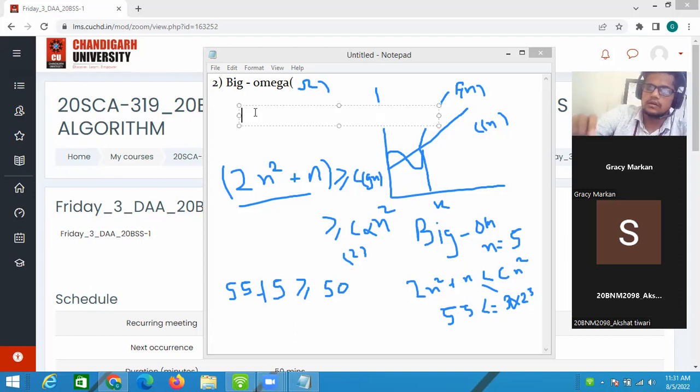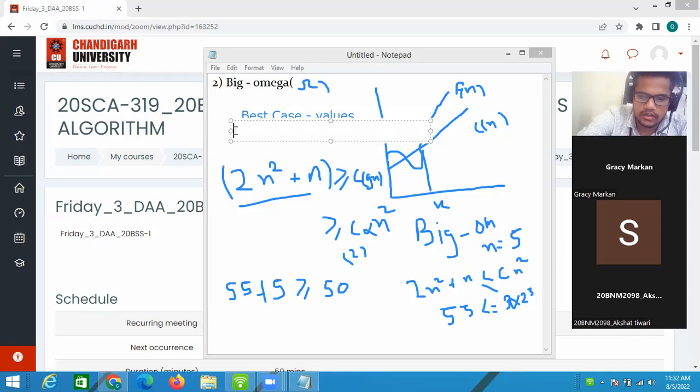That is the last condition. After that, this point is going to change. So this omega is going to give the best case values. This is also for the lower bound, the greatest lower bound we can say.